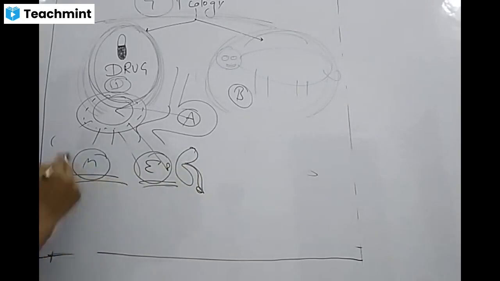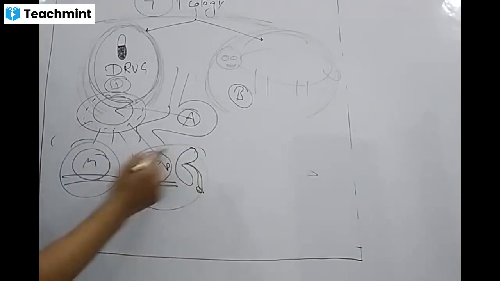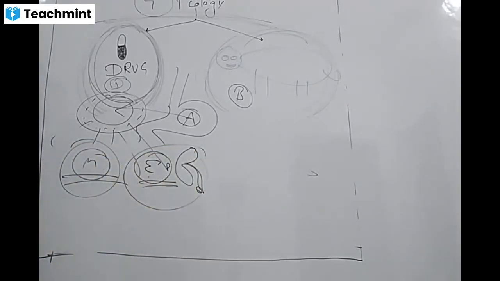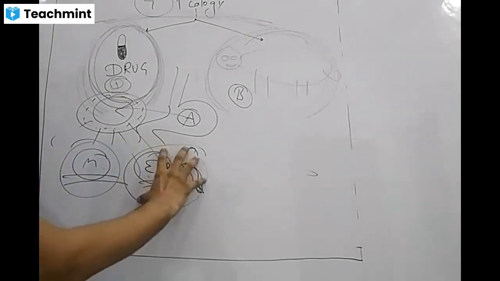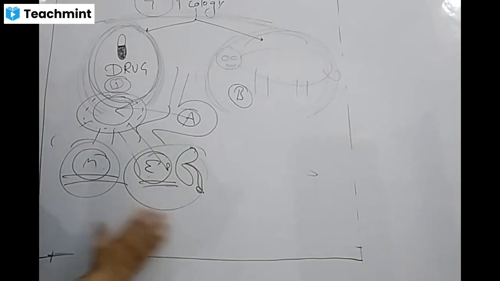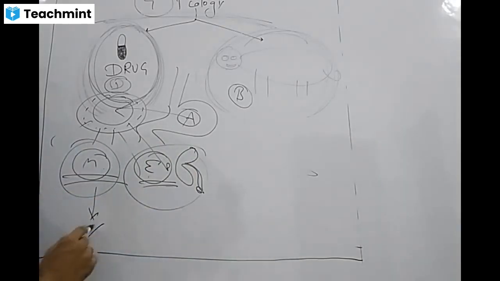So these two organs, metabolism and excretion, their main function is to stop the activity of the drug, either by metabolism or by excretion. The activity of the drug will be stopped. Now the drug is no longer active.